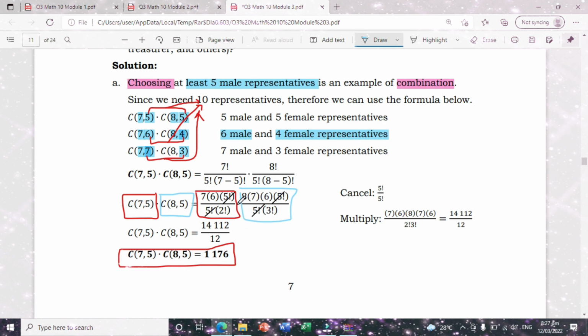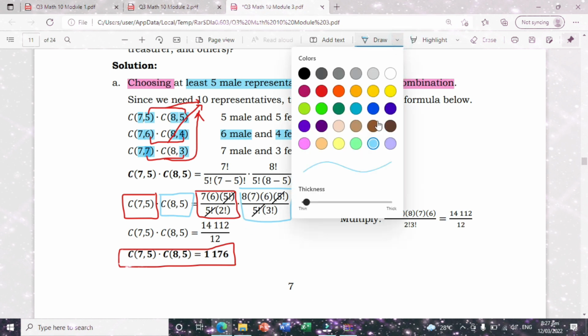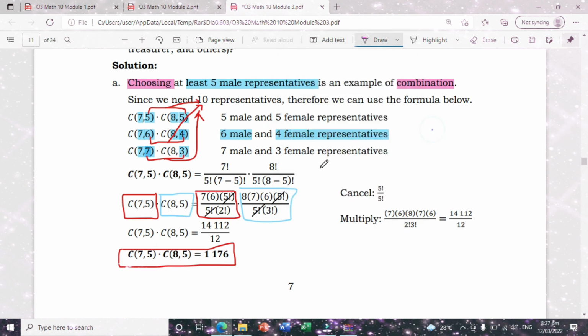Actually, since multiplication man to, teka ha, kuha ko ng iba pang color. Okay, itong pink. So, nag-cancel naman dito 5 factorial at saka ito. Ito rin, 5 factorial at saka 5 factorial. Kung makikita nyo, meron pa tayong 2 factorial at saka 3 factorial. So, 3 factorial, take note, that is 3 times 2 times 1. So, 3 times 2 is 6 times 1 is 6 pa rin. So, actually, pwede pa ito i-cancel.